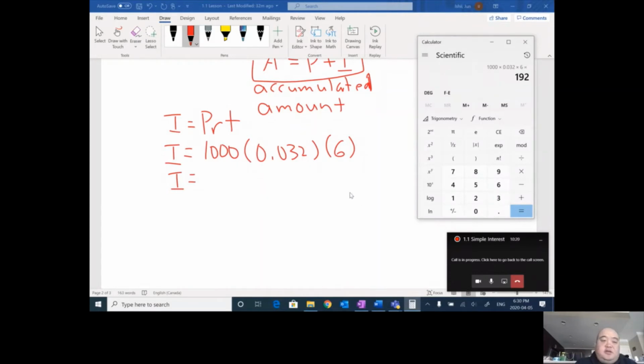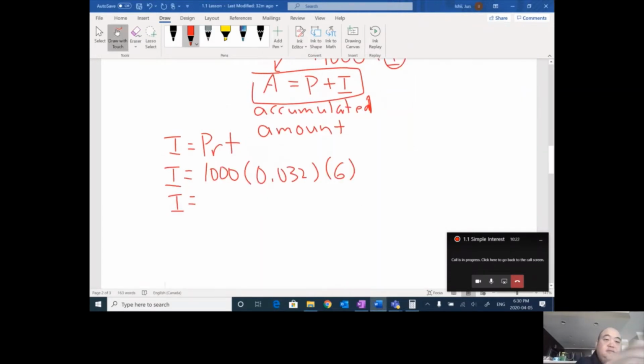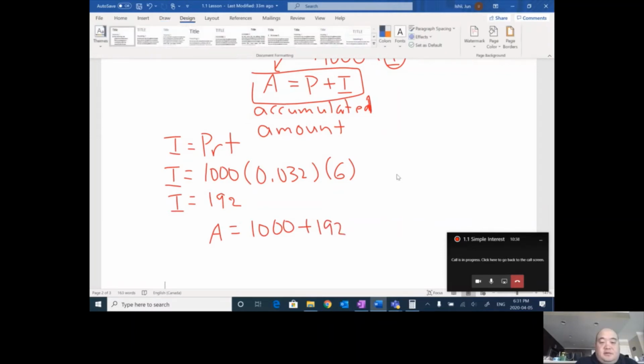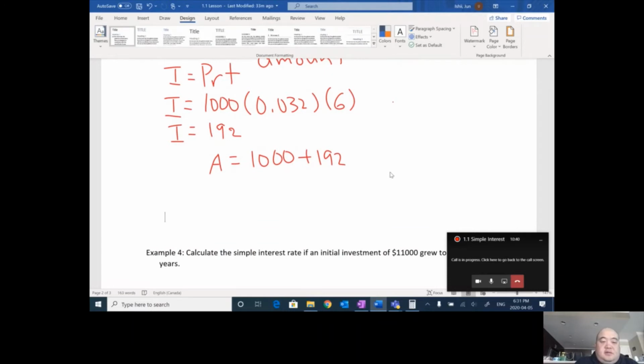All right, so 192 is our interest, which means our accumulated amount would be 1,000 plus 192. And so that is equal to $1,192. So that's how much the investment will be worth, the total.